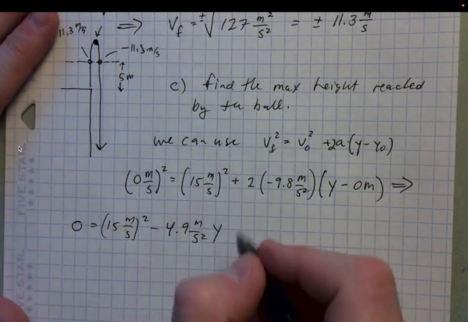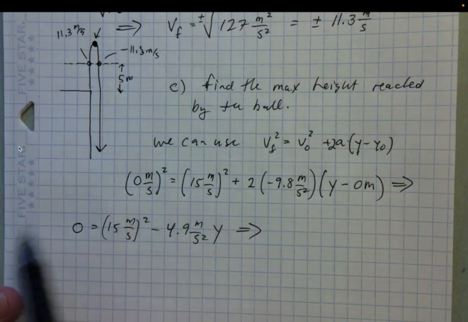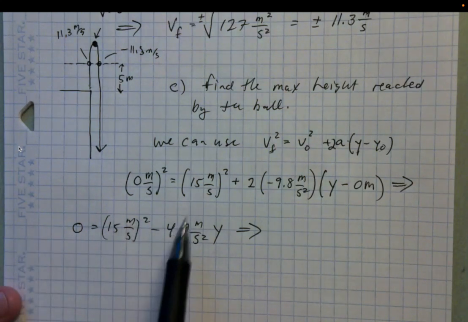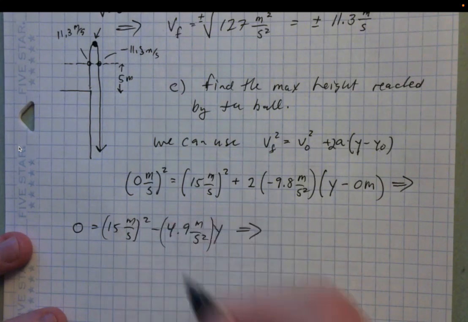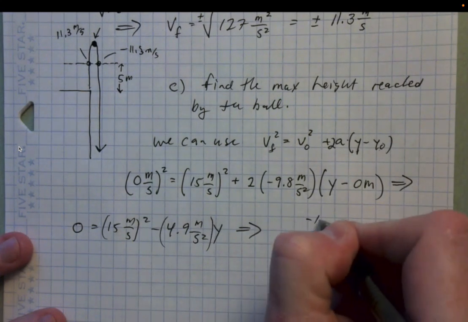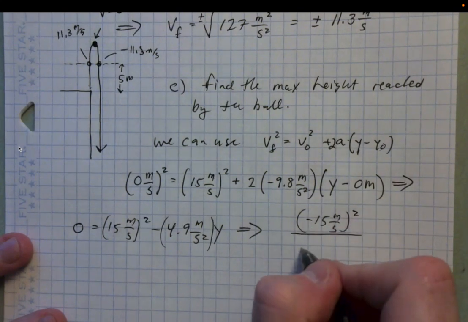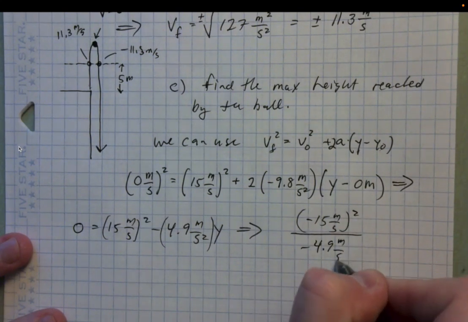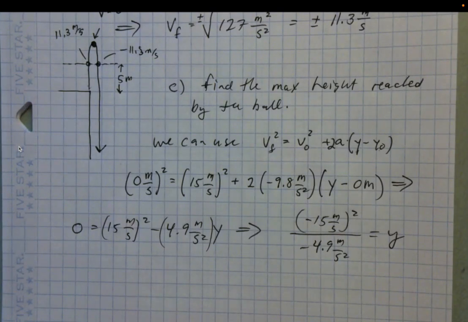And so we want to solve for y, and we can do that by subtracting 15 meters per second squared on both sides, and then dividing by this other term here. And so what we get is negative 15 meters per second quantity squared divided by negative 4.9 meters per second squared equals y. Okay.